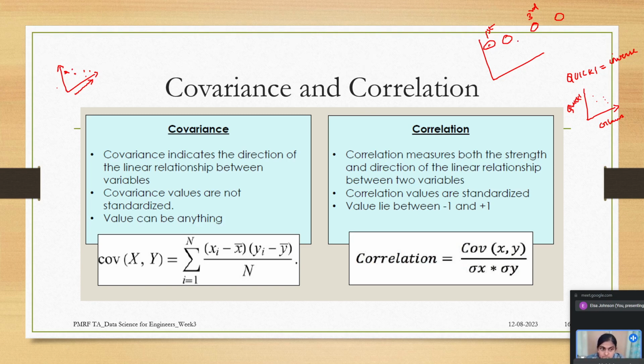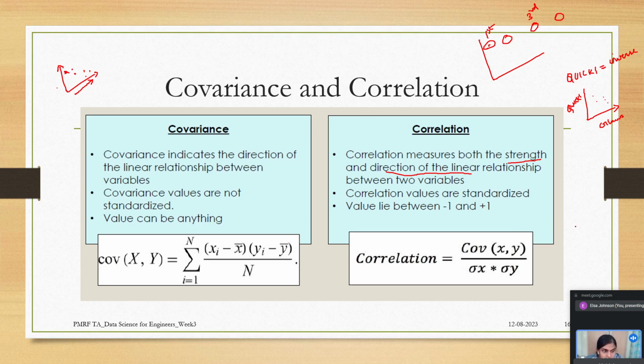But usually in the case of data sets, you will directly go for correlation, because correlation will give both the strength, how much it is related, as well as the direction of the linear relationship. Correlation is calculated with the help of covariance, divided by sigma x into sigma y. This is usually used in practical cases where you want to find out the strength.